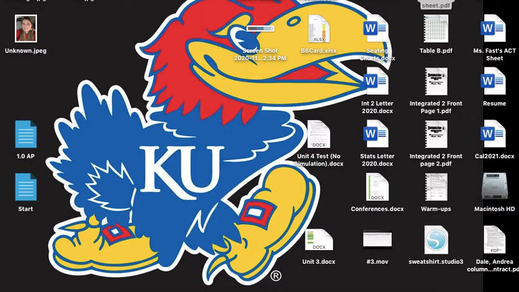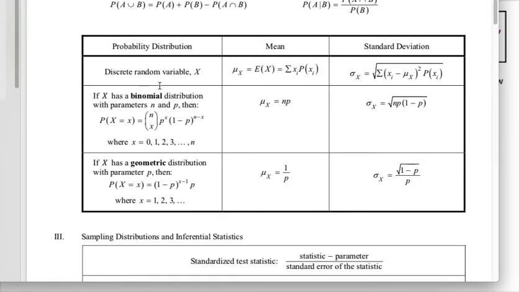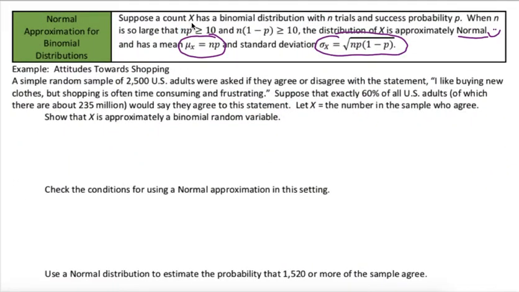So when I pull up our formula sheet, it says if X has the binomial distribution with parameters here, so they give us the calculations, but they also give us the mean and standard deviation. If it has the binomial distribution, notice that it doesn't tell us the condition in order to get to that. We are going to have to memorize this rule that says we need at least 10 successes and at least 10 failures to make it approximately normal.